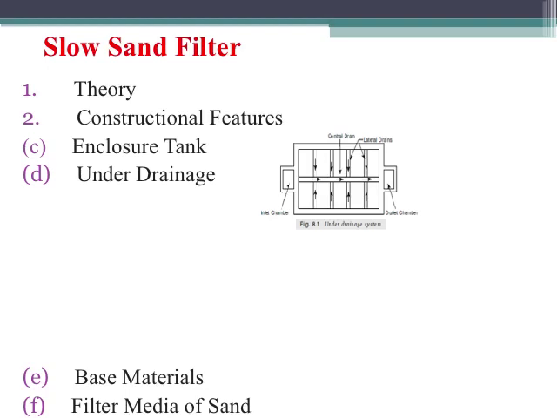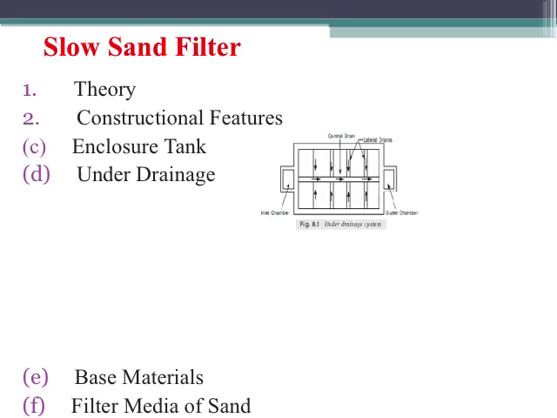Because of the low filtration rate, slow sand filters require a larger area of land and are very costly to install. Therefore, the adoption of slow sand filters has been becoming obsolete these days.